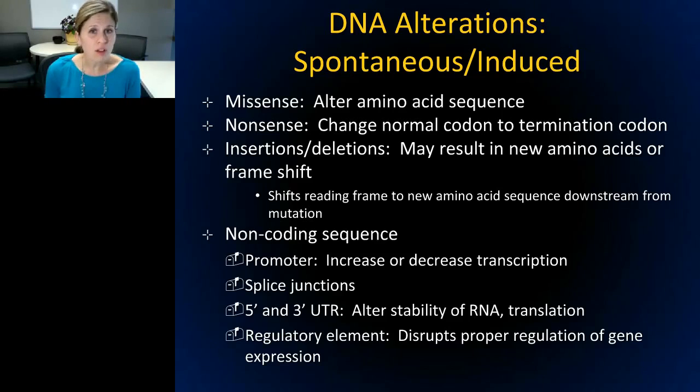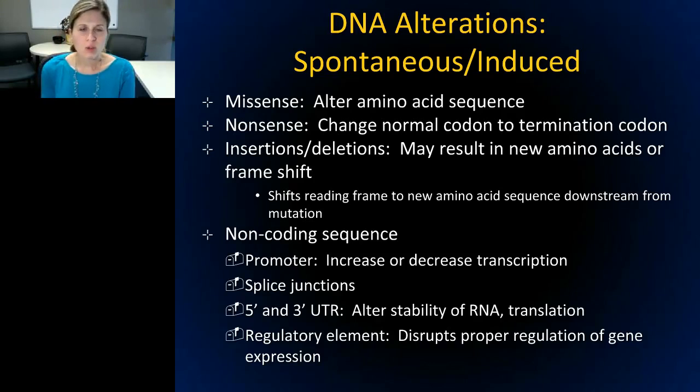But there are plenty of other alterations to DNA that can occur that are not within the coding sequence. If we have promoter mutations, splice junctions, 5' and 3' untranslated regions, regulatory elements, all of these are regions that are not encoded for in the translated protein.